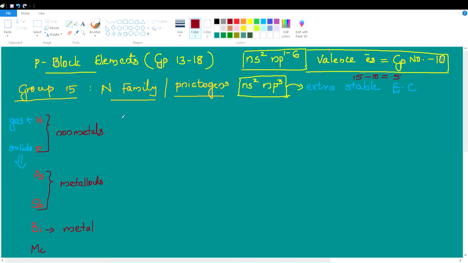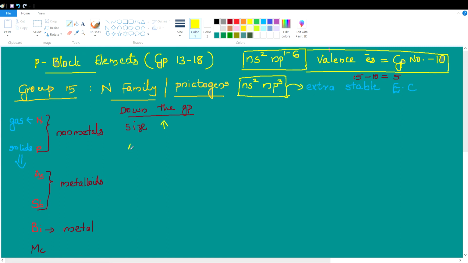Now let us explain the general properties of these elements, and how the properties vary down the group. Down the group in group 15, atomic and ionic size increases. Nitrogen is the smallest and bismuth and moscovium the largest.